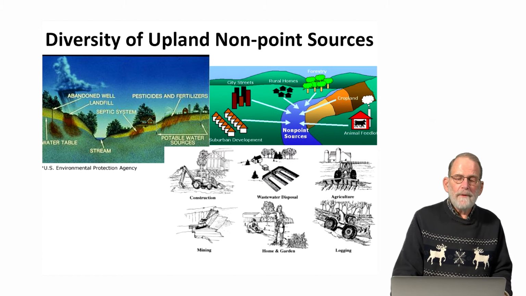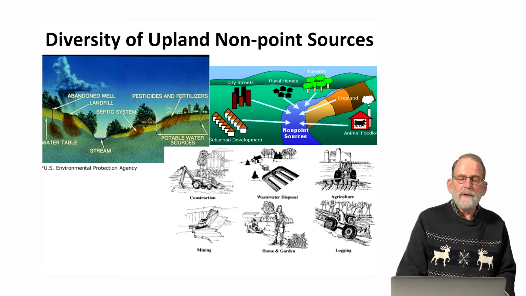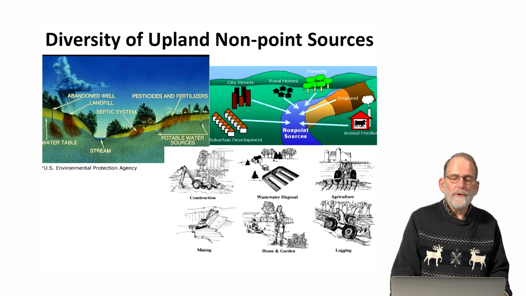We can see on the left side other kinds of non-point sources: pesticides and fertilizers running off of agricultural fields, landfills, septic systems, abandoned wells. These are all non-point sources. Even though they may emanate from a specific point, there are several of these points distributed throughout the landscape. So the criterion of being a distributed source of contamination is fulfilled as a non-point source.